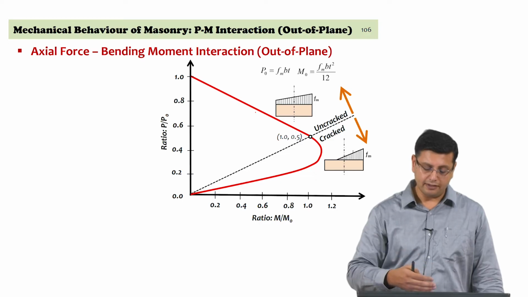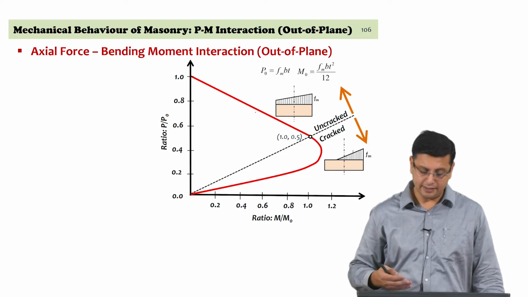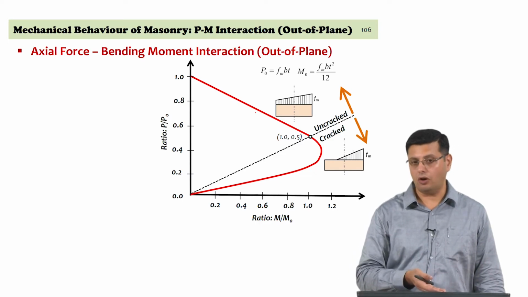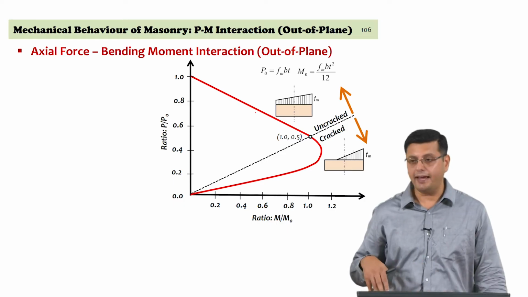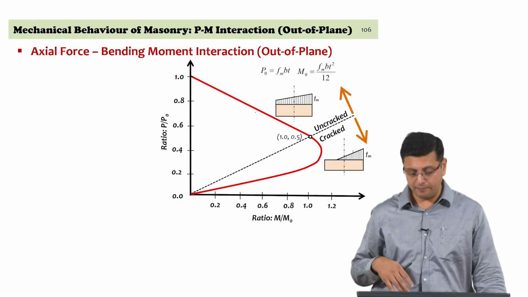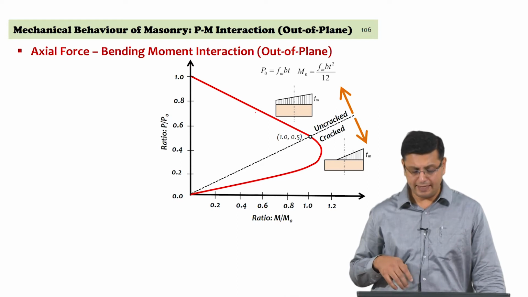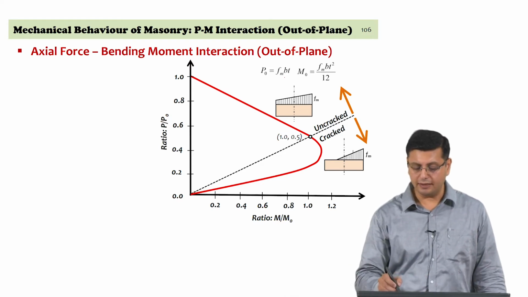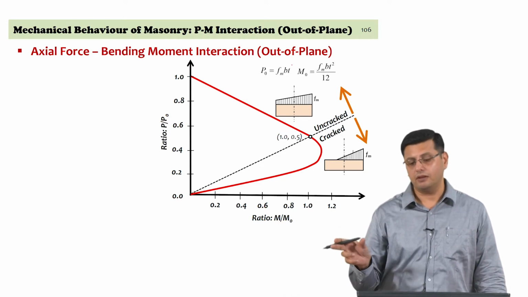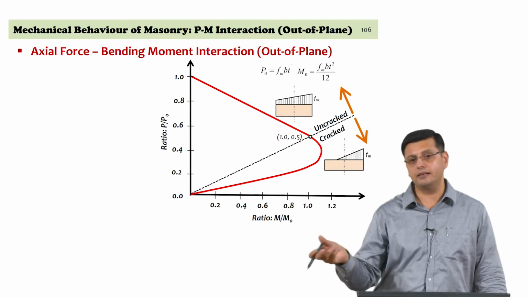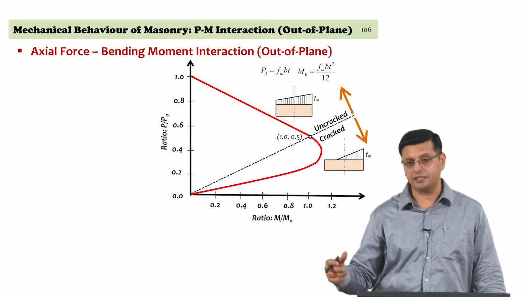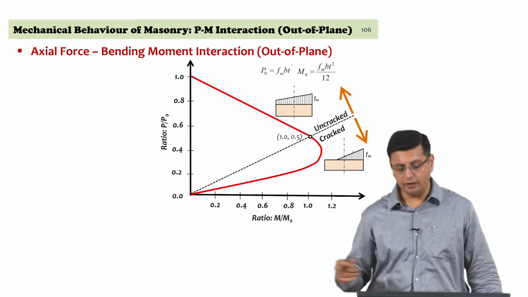We are looking at normalized axes, P over P naught on the y axis and M over M naught, the moment capacity, on the x axis. Here P naught is nothing but the compressive strength of the masonry times the area of cross section, with the length of the wall times the thickness.